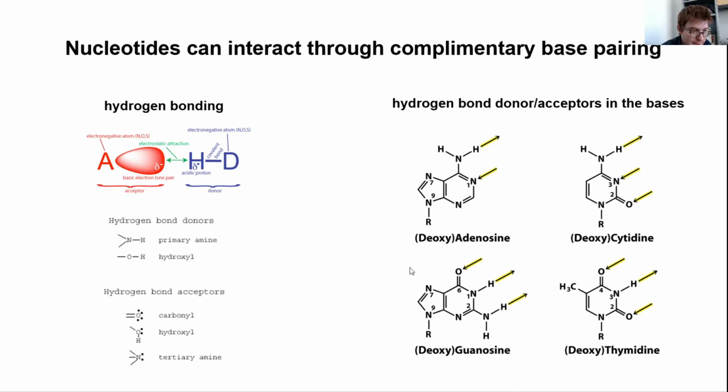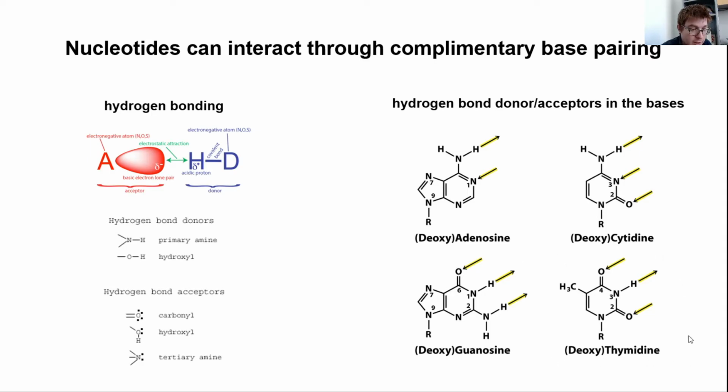If we look at the guanosine, we can see that it has a carbonyl here, so that lone pair is going to function as an acceptor. We've got a nitrogen here with a proton on it, so this can function as a donor. And we've got another amine here, so that's a second donor. So there's 3 possible hydrogen bonding interactions that can form here.